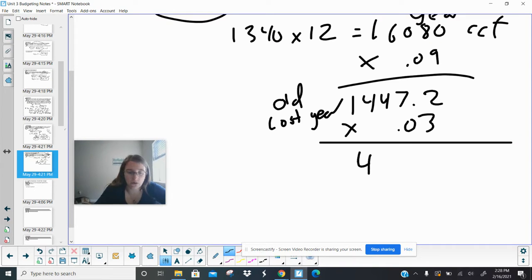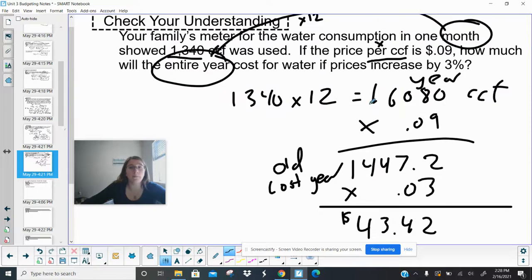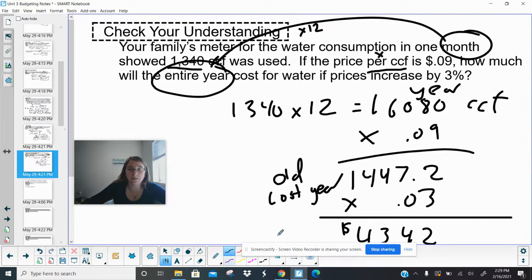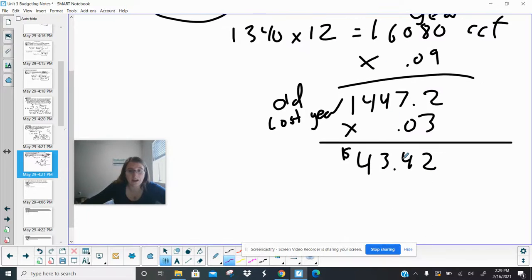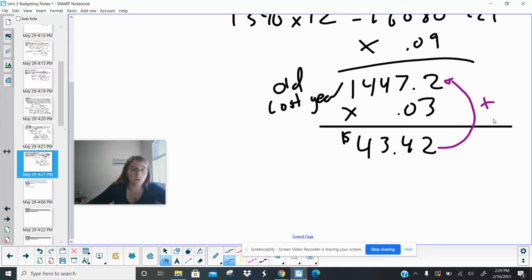So in this case, 43.42 is 3%. Then this is how much the old cost goes up by. Again, that's what it means by increase by 3%. This number increases by 3% of what it was. So we're going to add that back on to the old cost.